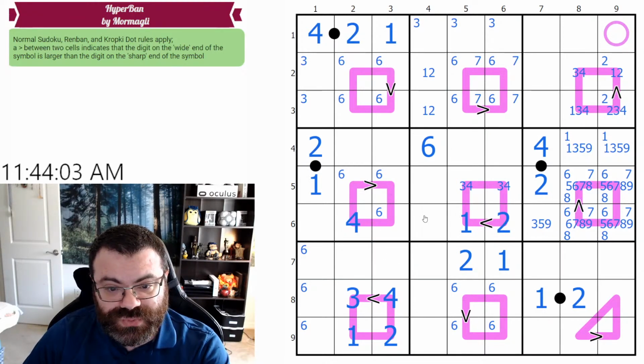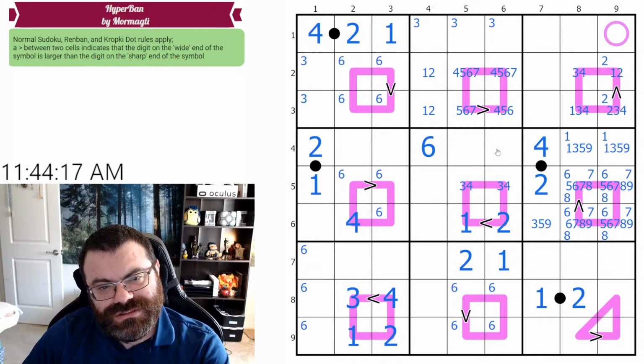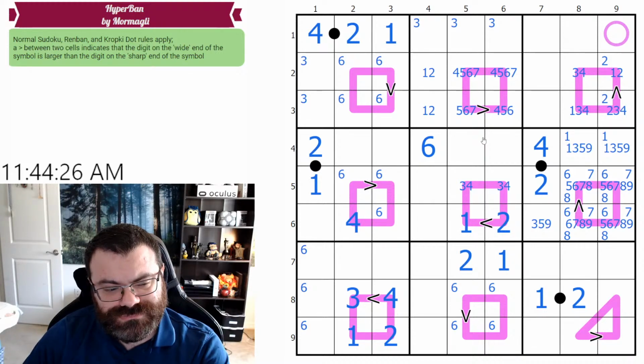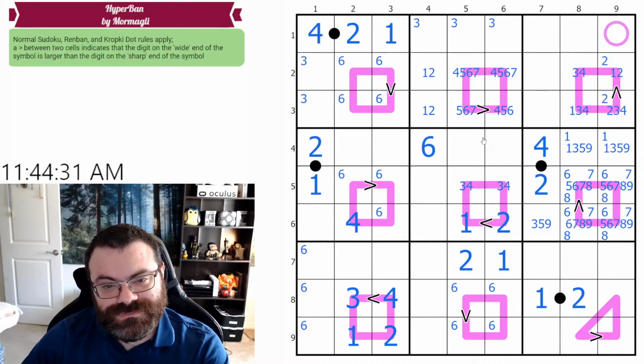4 in box 2. 4 goes on this, and there's no 3 on it, so this is 4, 5, 6, 7. So this is not 4 and that's not 7. 8-9 pair in box 3.